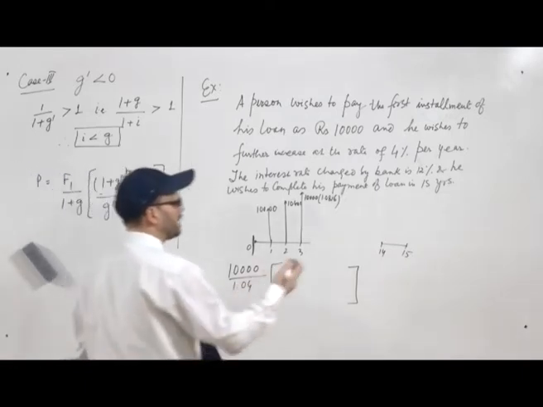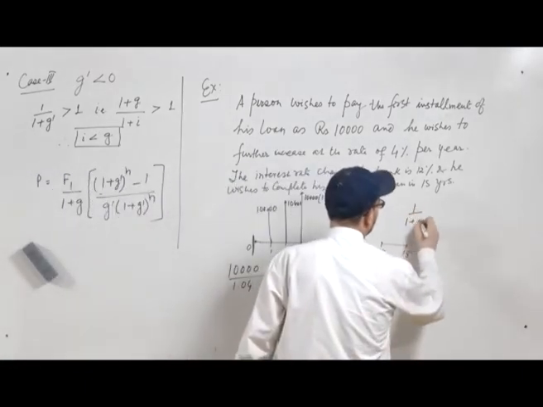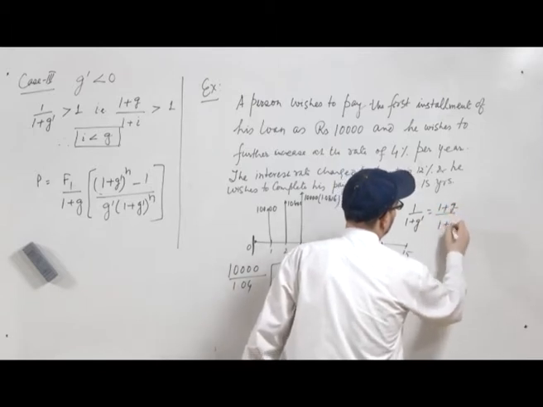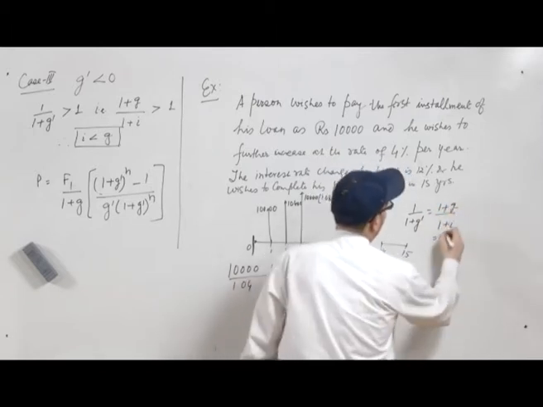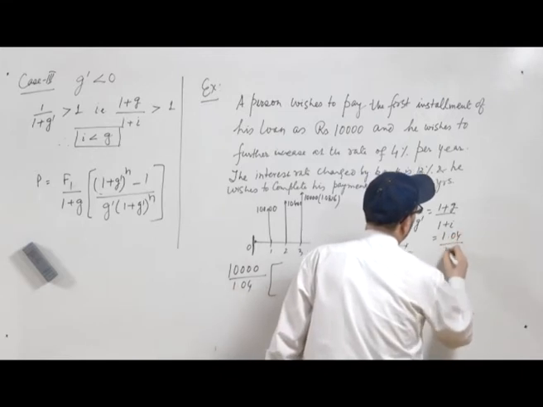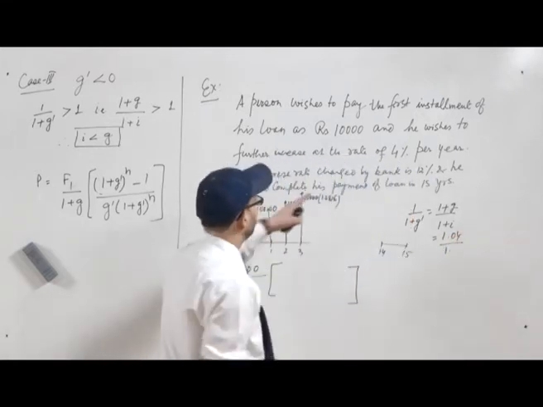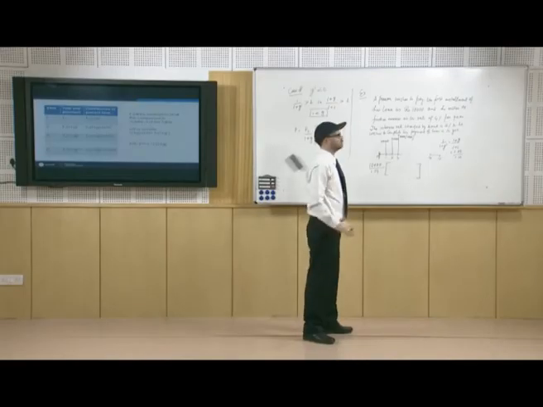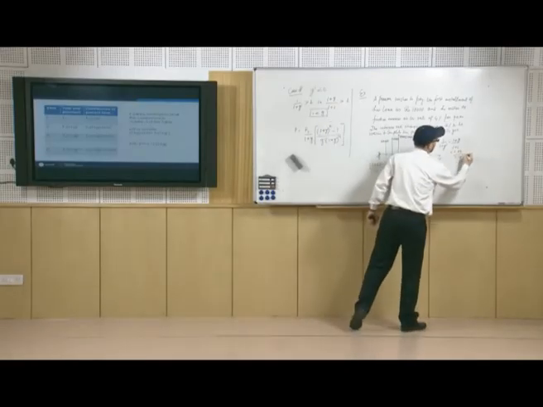It is 1 plus g by 1 plus i, so in this case 1.04 by 1.12, as i is 12%.